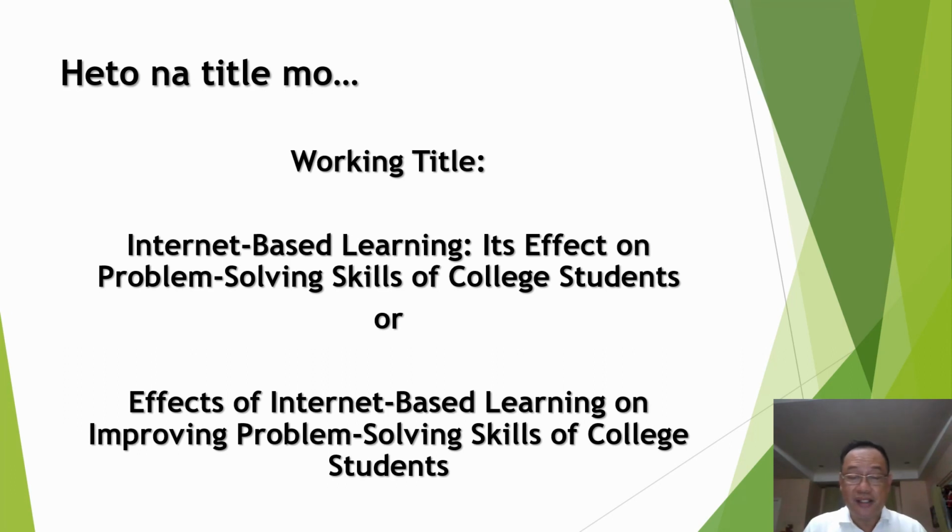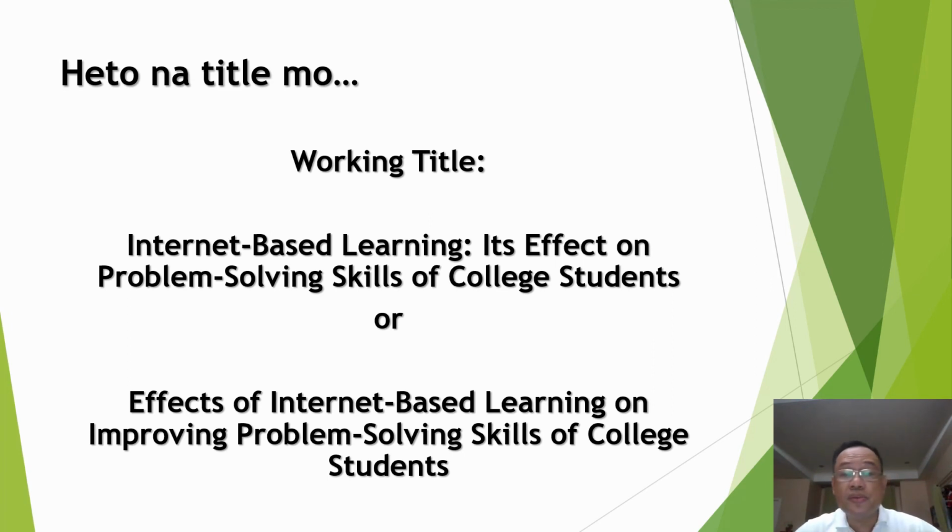So that is very important. So you see, we are able to identify a working research title from the examples that we have shown. On the other hand, you can also choose this title, Effects of Internet-Based Learning on Improving Problem-Solving Skills of College Students.